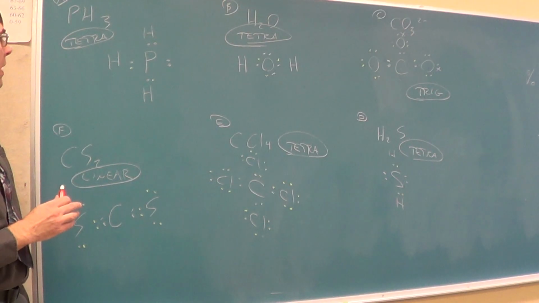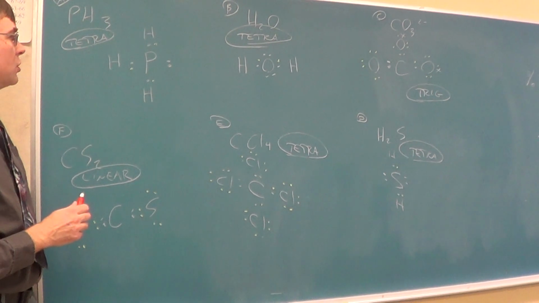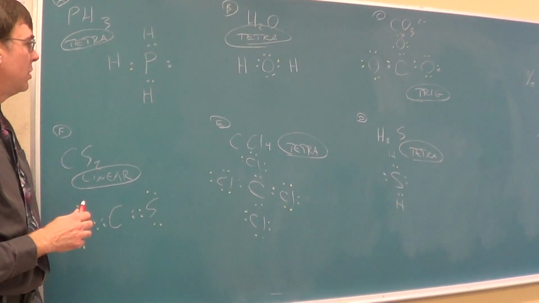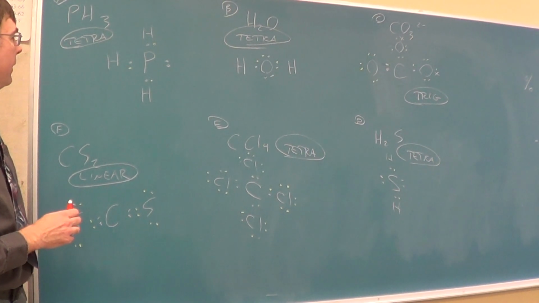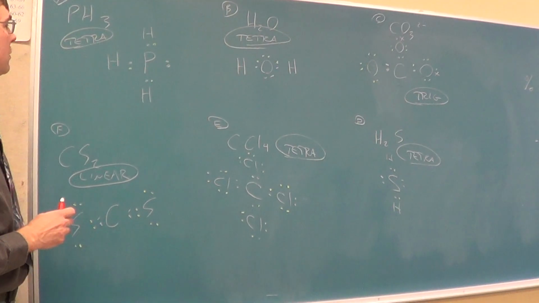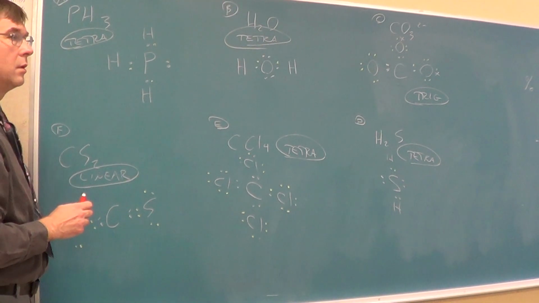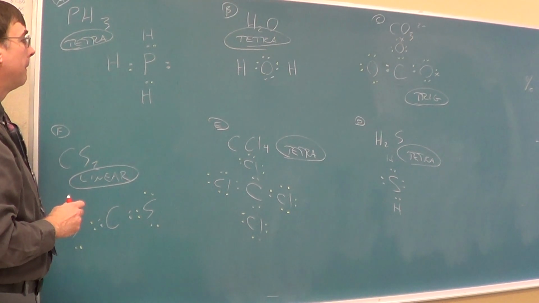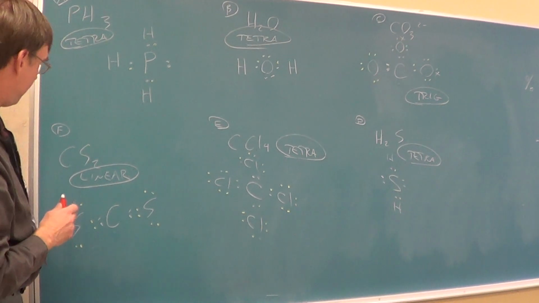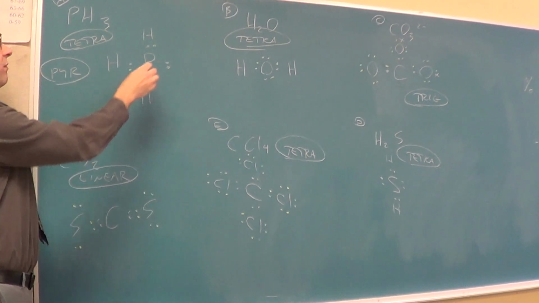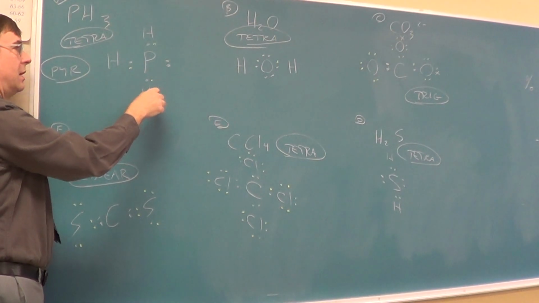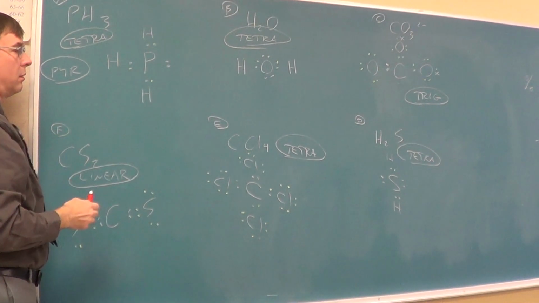Then tetrahedral had some subcases. So there were 2 subcases. One was pyramidal. Anybody have a guess on which of these tetrahedrals is a pyramidal? It is A. Pyramidal is going to have 3 atoms and 1 stray pair.